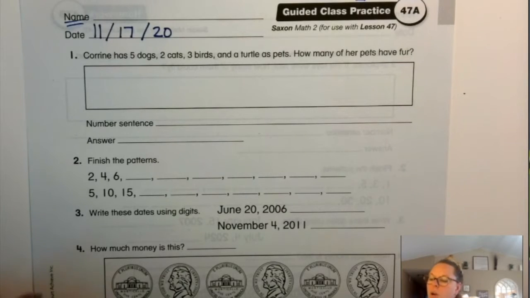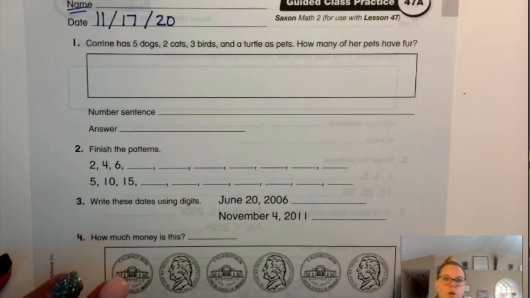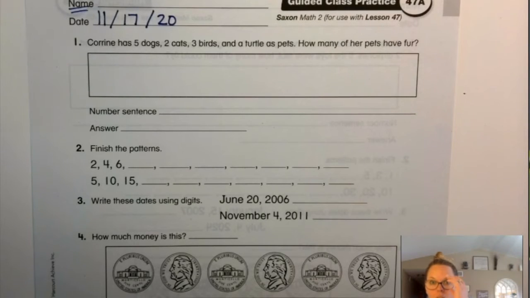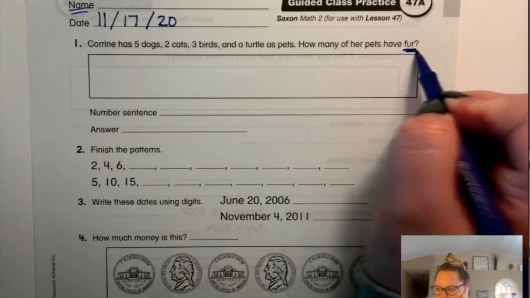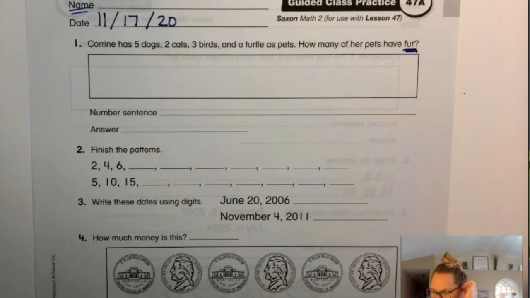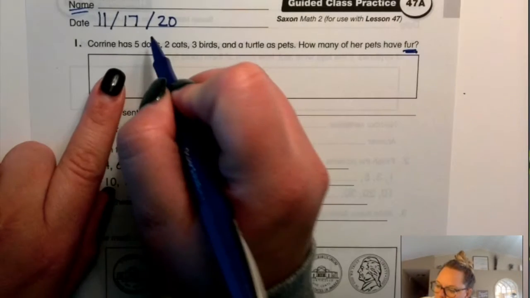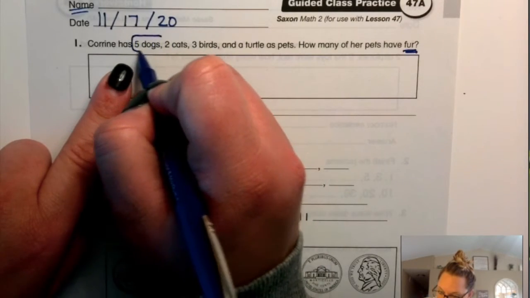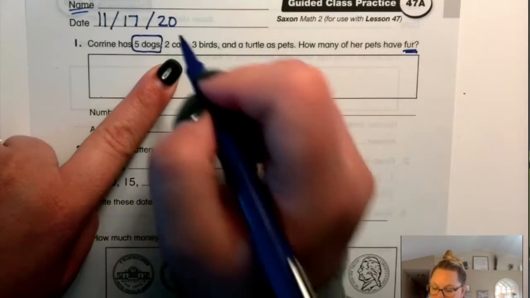Now, Corinne, that's number 1 here. Corinne has 5 dogs, 2 cats, 3 birds, and a turtle as pets. It's a lot of pets in one house, isn't it? How many of her pets have fur? We want to know which ones have fur. So why don't we go ahead and put a box around the ones that have fur? Okay, so do dogs have fur? Yep, so there's 5 dogs. Do cats have fur?